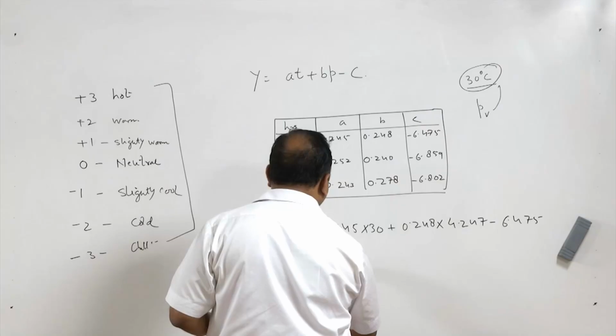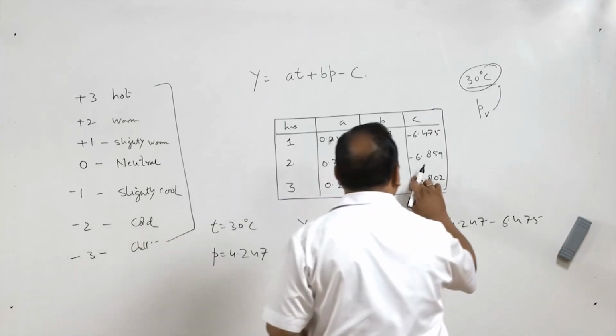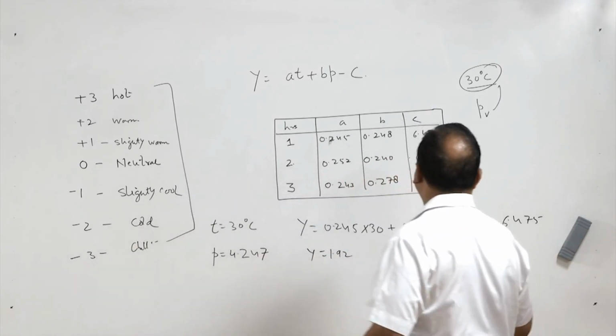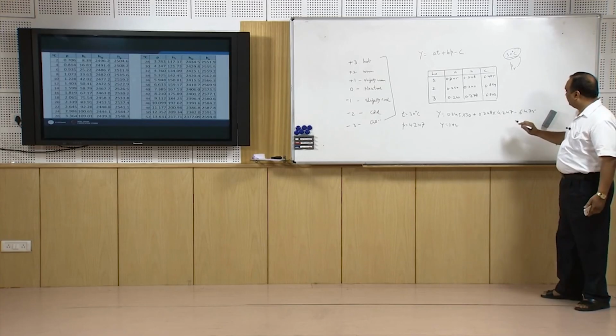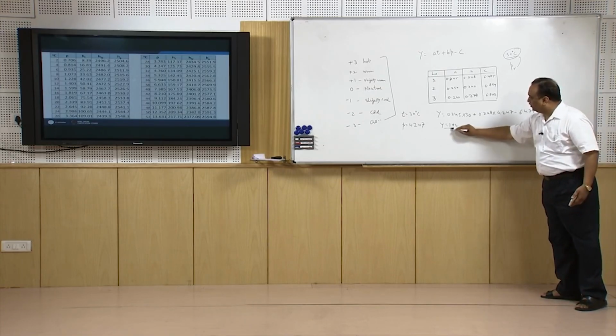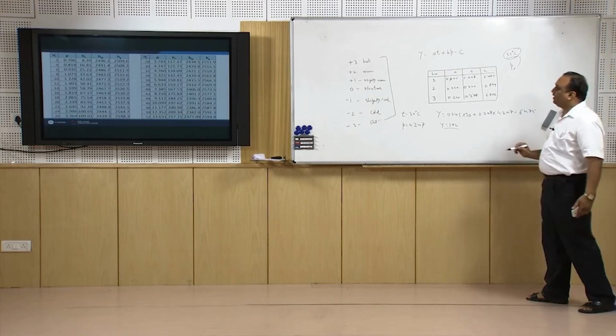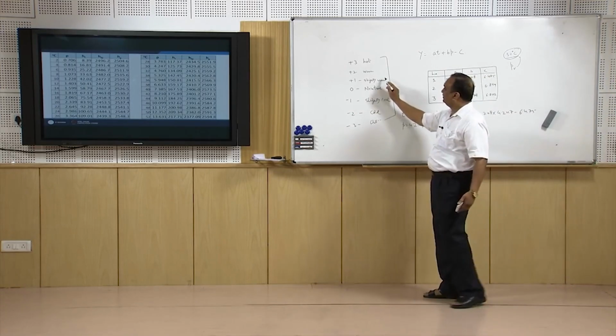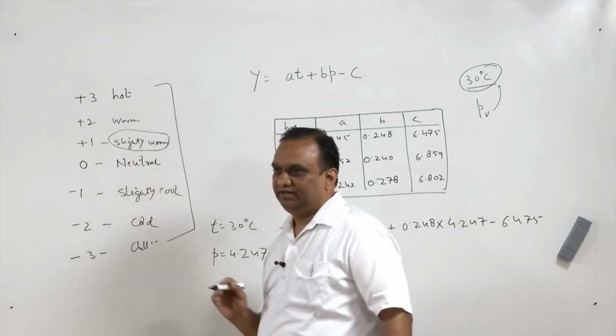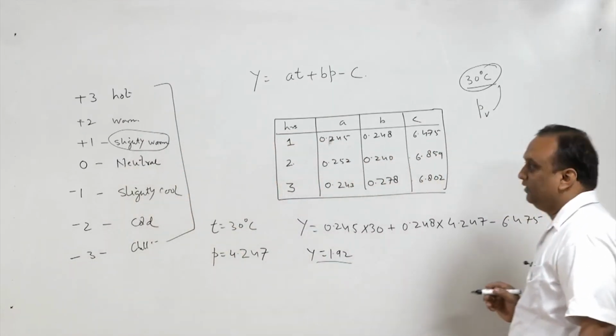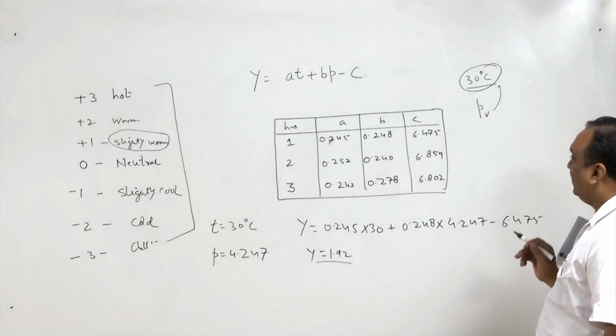Y is equal to 1.92. So with 1.92 you will feel slightly warm at 30 degrees centigrade. We can cross verify this.